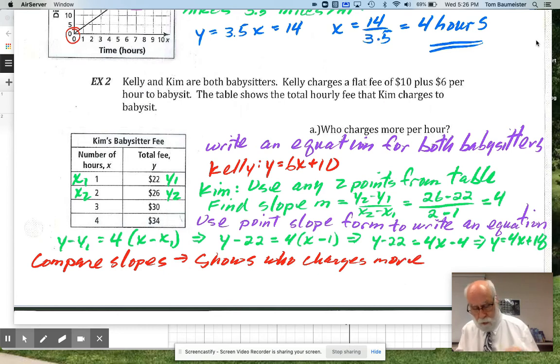All right. So here I'm going to box them for you. So there's one of my slopes. There's my other slope. So who charges more?